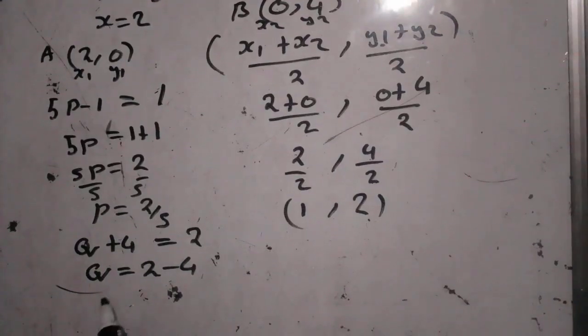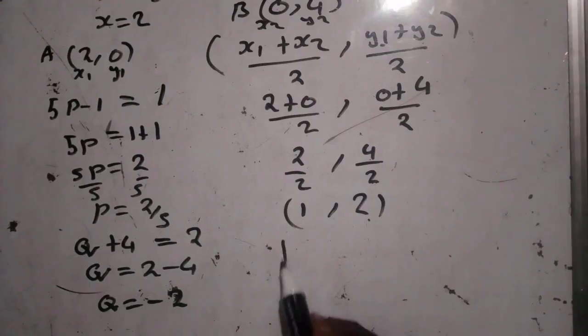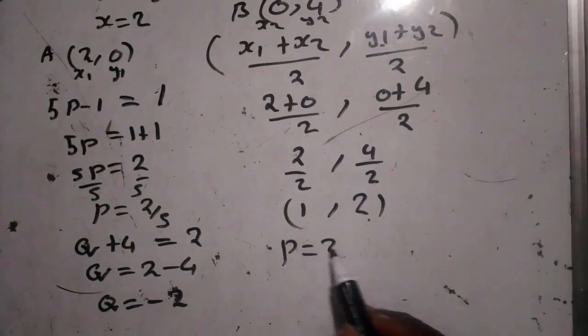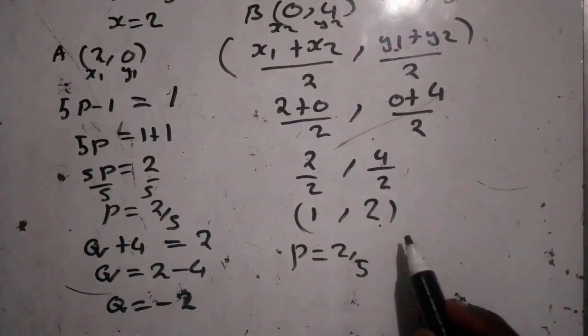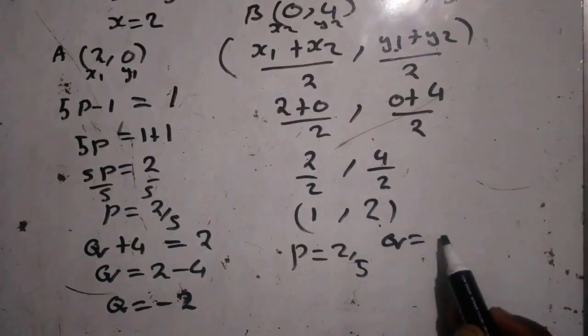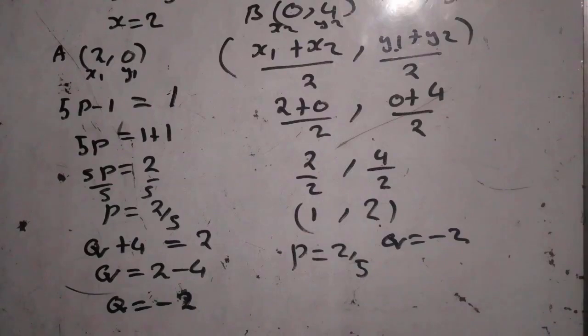So q is equal to negative 2. These were the values of p and q: p is 2 over 5, and q is negative 2.